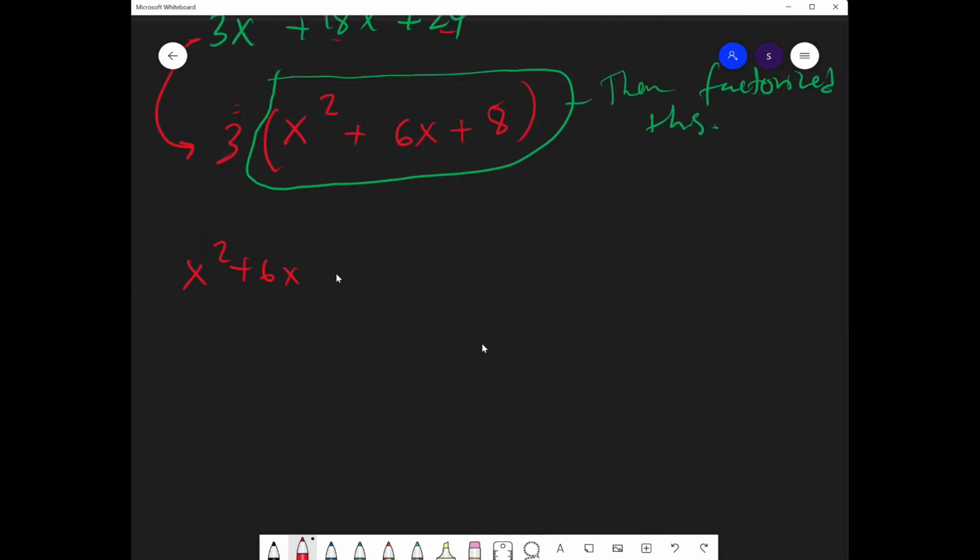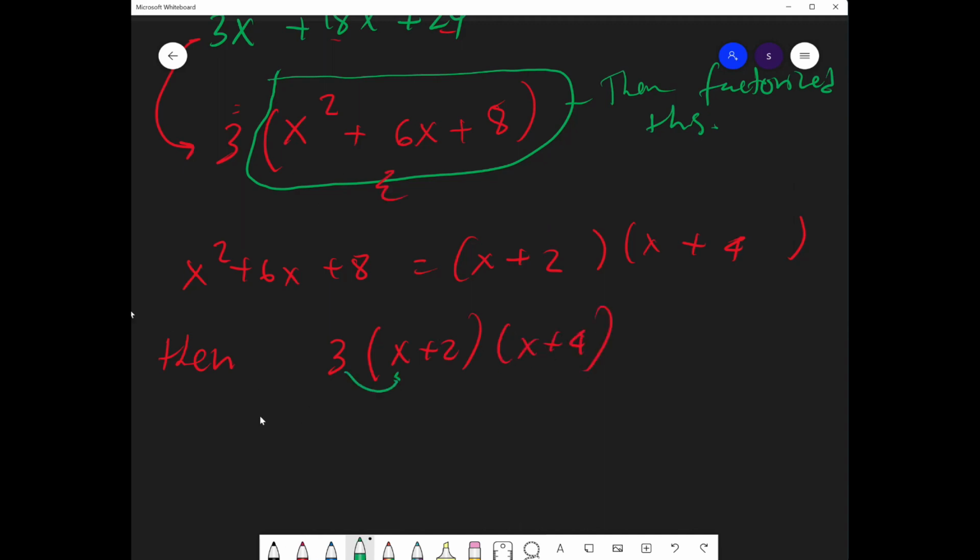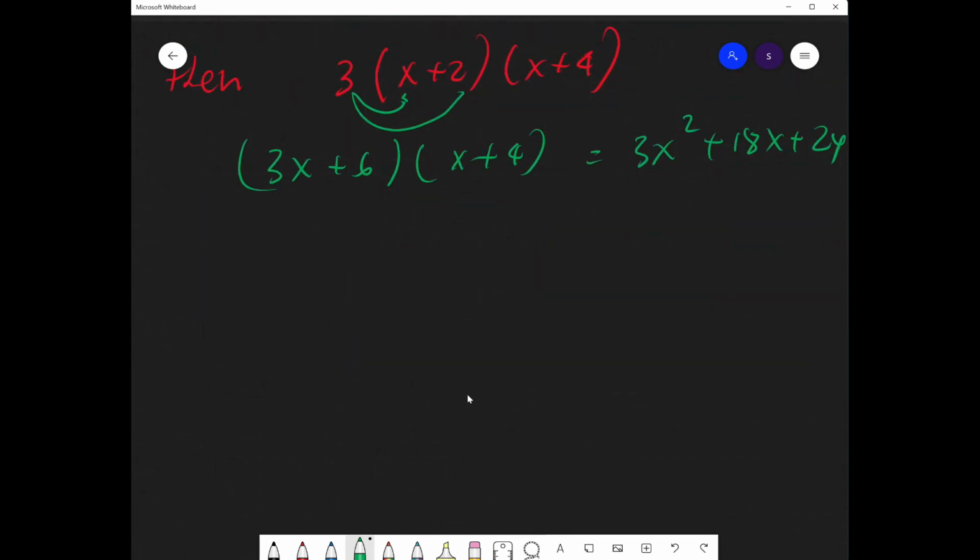We got x plus 2 times x plus 4. Then the equation will be 3 times x plus 2 times x plus 4. Then we multiply this to this and this to that, and therefore the result will be 3x plus 6 times x plus 4. If we multiply this, the result will be the same as the problem given.